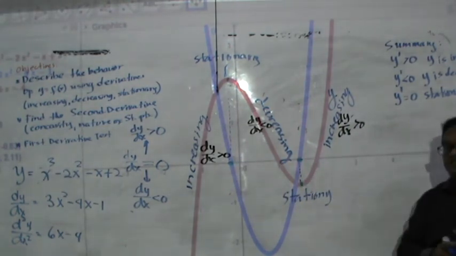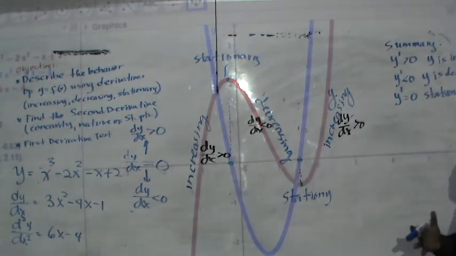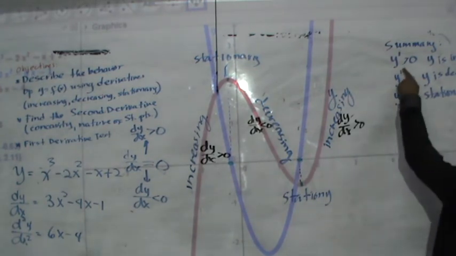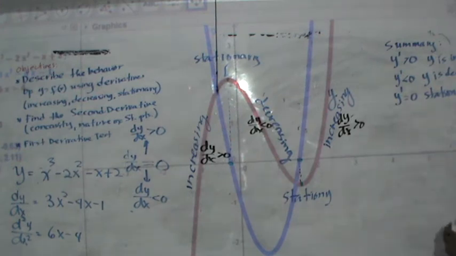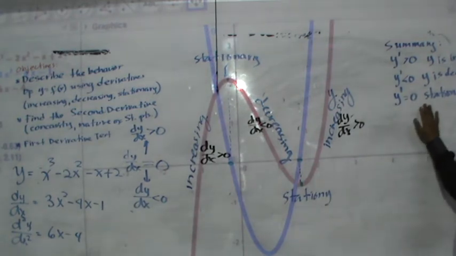In your examination, you will be asked, to what values of x does the function increase? To what values of x does the function decrease? And to what values of x does the function have stationary points?